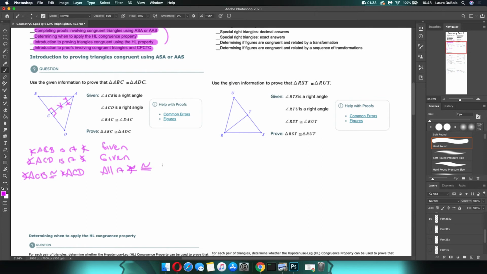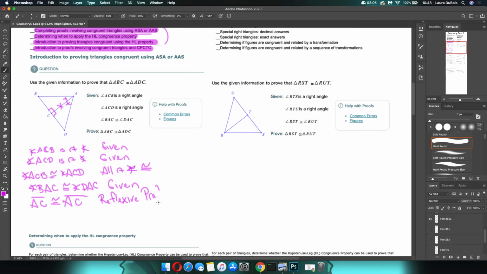I'm shorthanding this. Obviously, it's worded differently in the software, but I didn't give myself a lot of room, as you can tell. Next up, what are we told? We are told that angle BAC is congruent to angle DAC because that was given. And now last part, AC is congruent to AC, and that's because of the reflexive property, something we have seen several times now in these proofs.